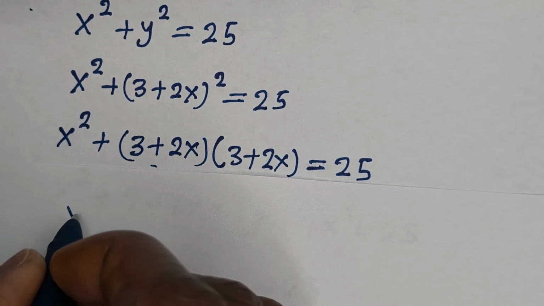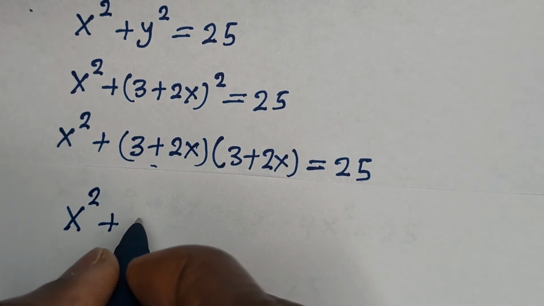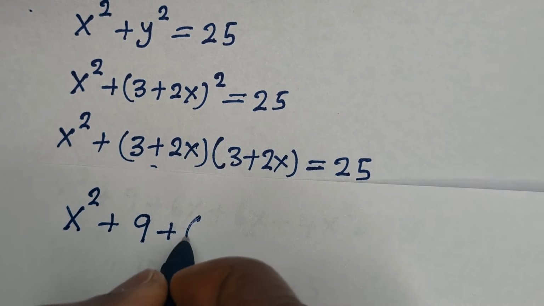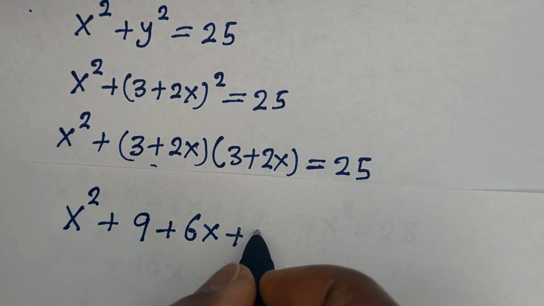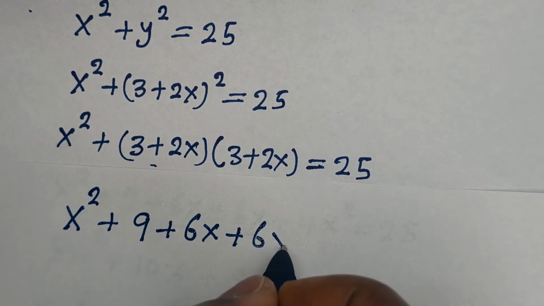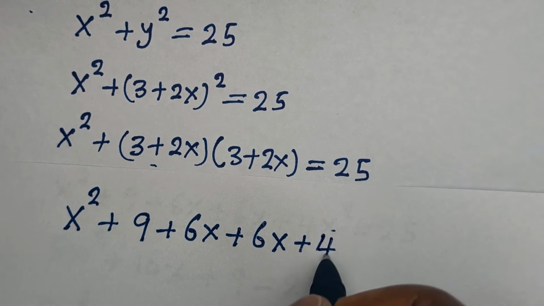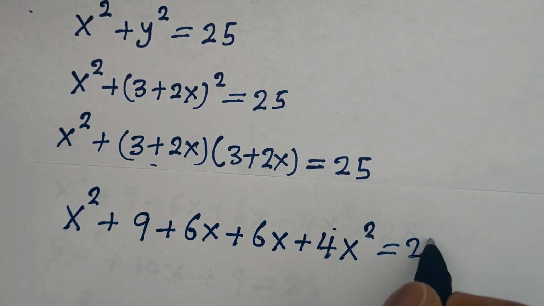And this is x squared plus 3 times 3, here is 9, plus 3 times 2x, that is 6x, plus 2x times 3, that is 6x, plus 2x times 2x, that is 4x squared is equal to 25.